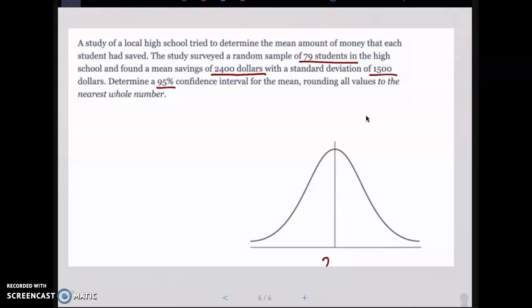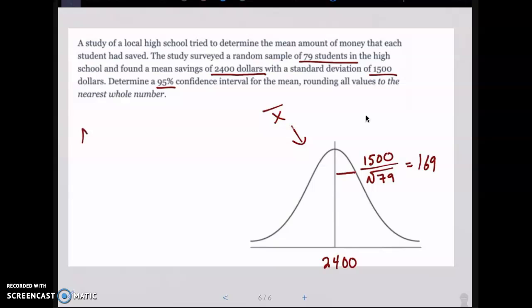So 2,400 is going to go in the middle. And again, this curve represents all the possible means of students. So we're going to have to take the standard deviation, which is 1,500, and divide by the square root of n, which is 79. Rounding all values, that gives me 168.7, so we're going to round that to 169.